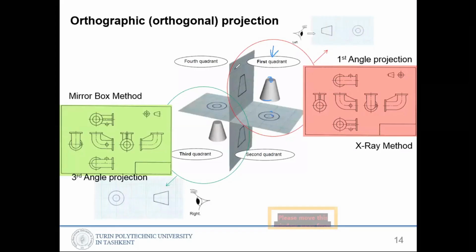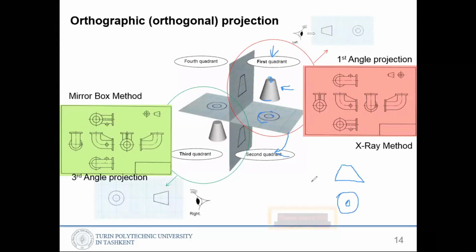So we are projecting this kind of truncated cone, and then 2 circles from the top, and then we open this page this way. Then we will have this kind of drawing. The front view is like this, and the top view is like this.